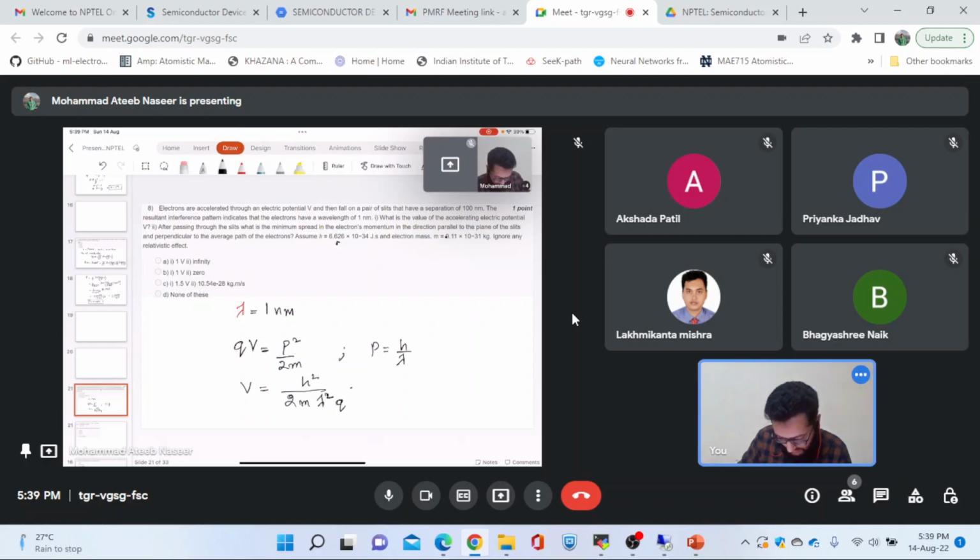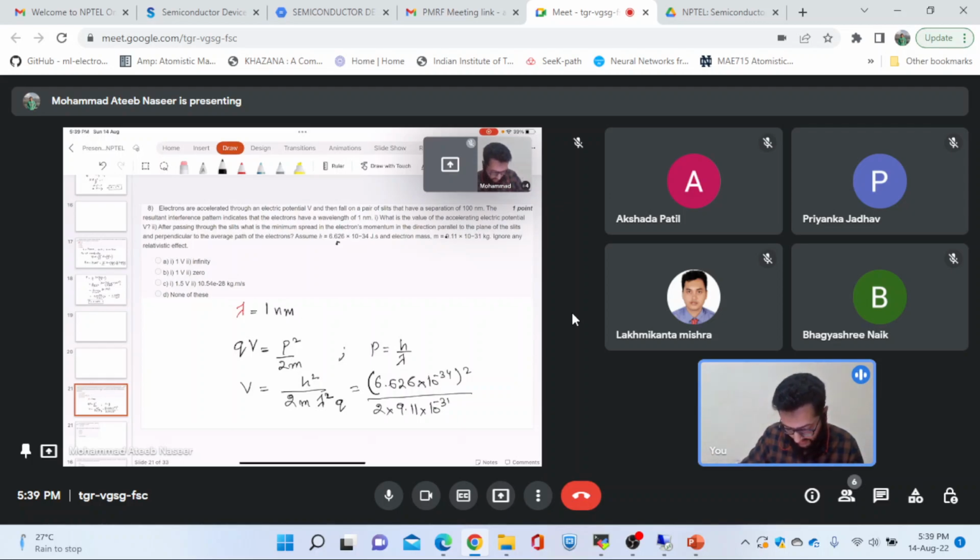So if I put these values, it will be 6.626 into 10 raised power minus 34 squared, divided by 2 into 9.11 into 10 raised power minus 31.